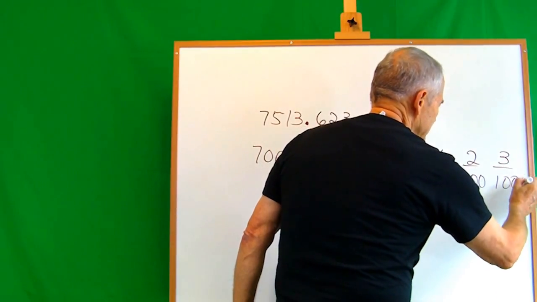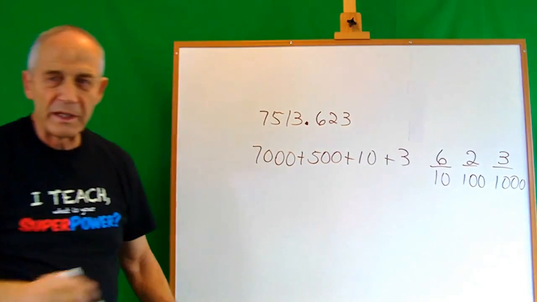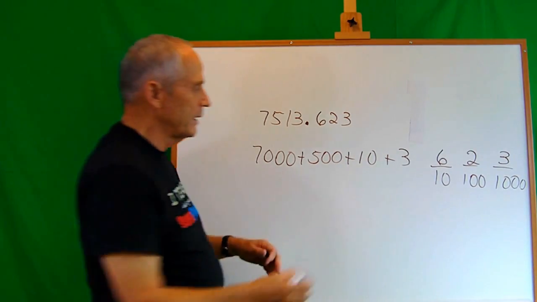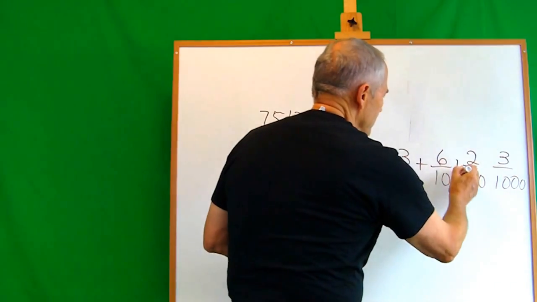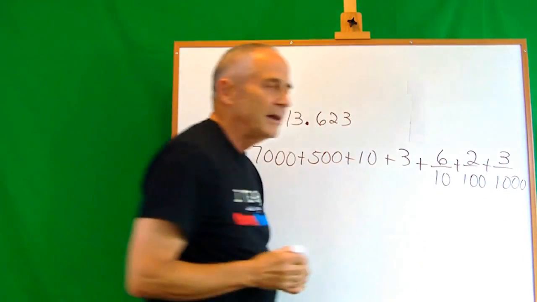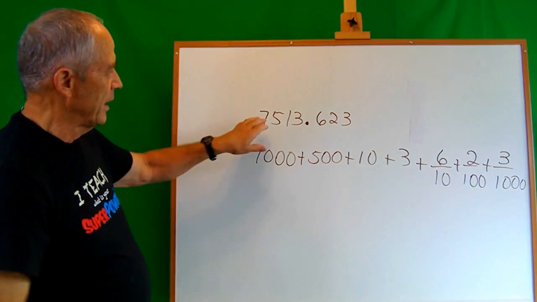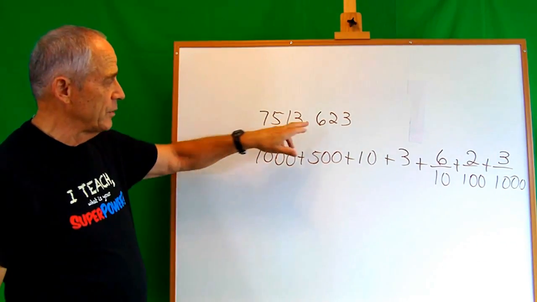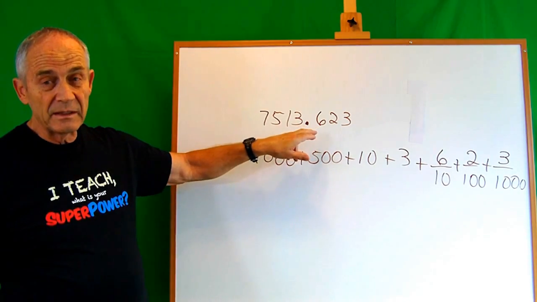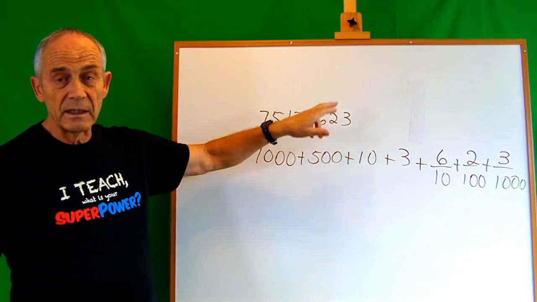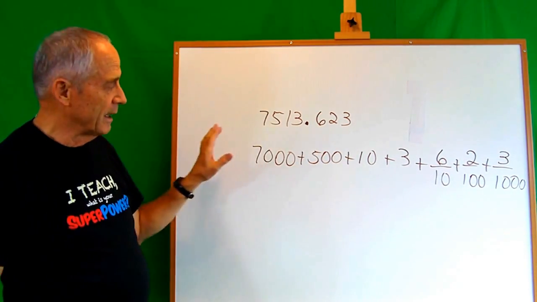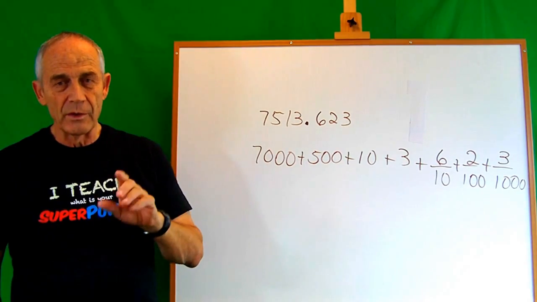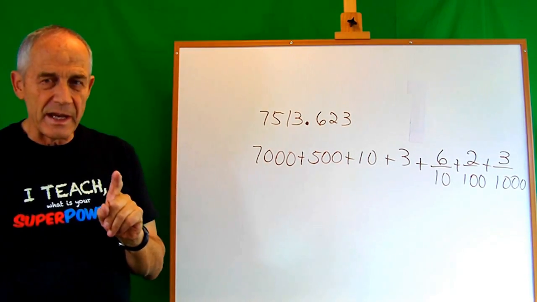And so just like we did over here, what we're going to do is just put plus signs in there. Because I've got this number, 7,513, and to that I'm going to add 6/10, 2/100, and 3/1000 to get my complete number. So remember again, it's the same thing.